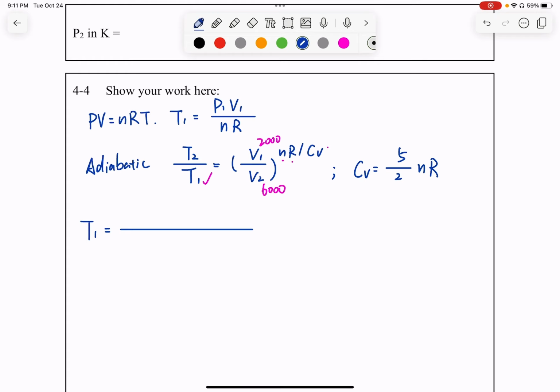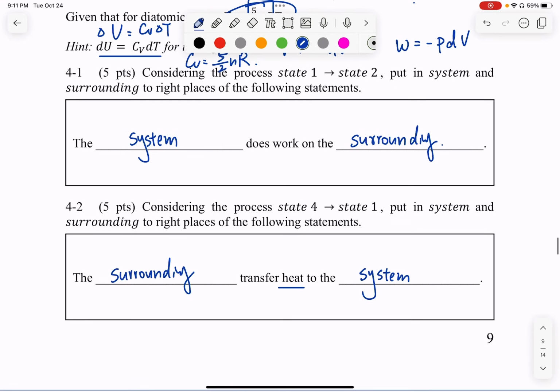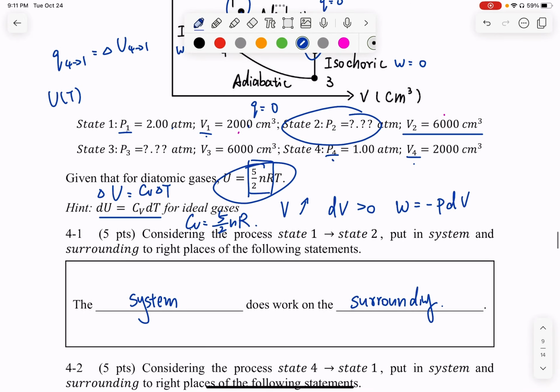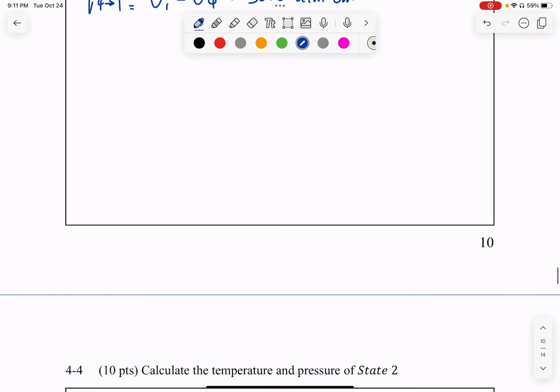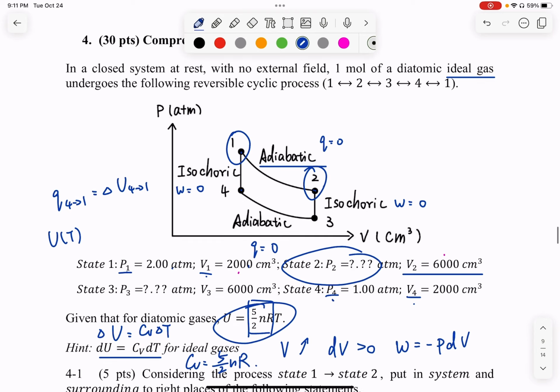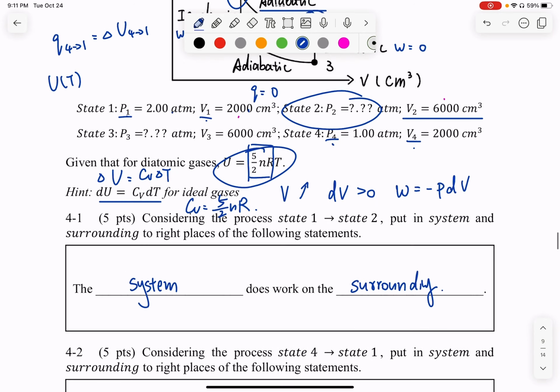So P1V1 equals 4000 atm cm³. Let me double check if I have that correct. 2 times 2000, yes. Divided by nR, we have, well, one more.